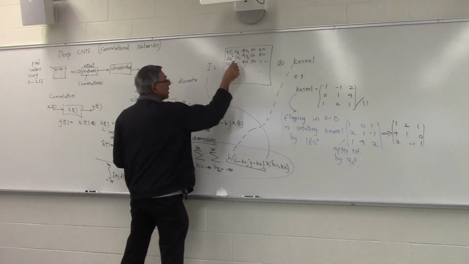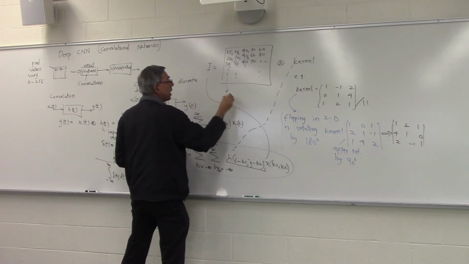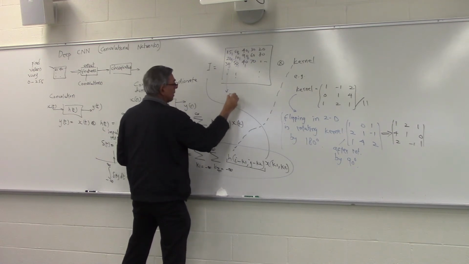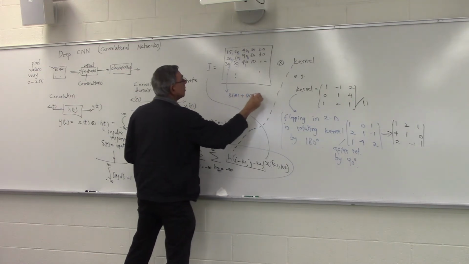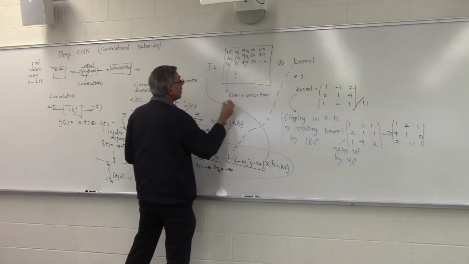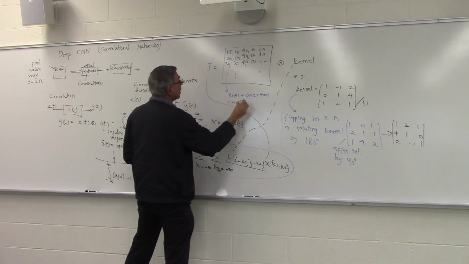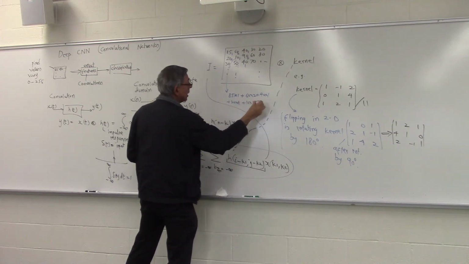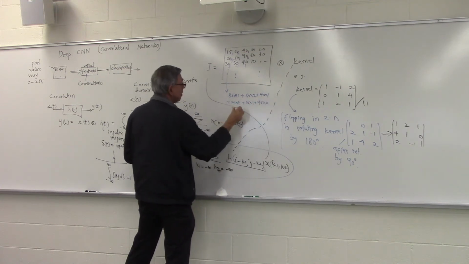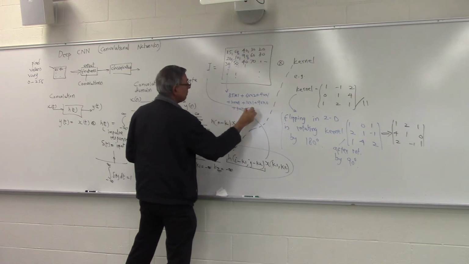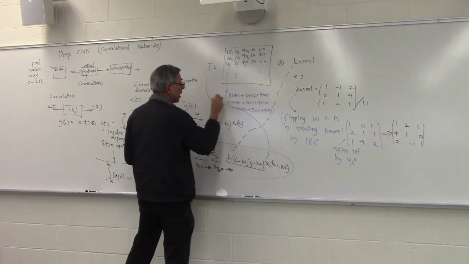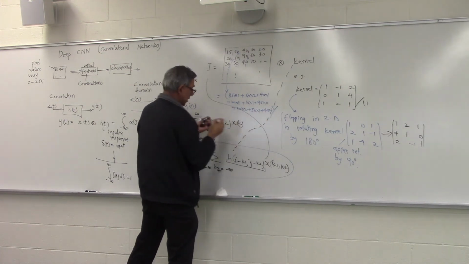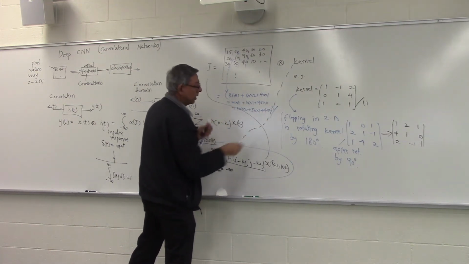So the answer that we will produce in this spot over here will be 85 times 1 plus 60 times 2 plus 40 times 1 plus 20 times 4 plus 10 times 1 plus 90 times 0 plus 30 times 2 plus 50 times 1 plus 40 times 1, and the whole thing divided by 11.